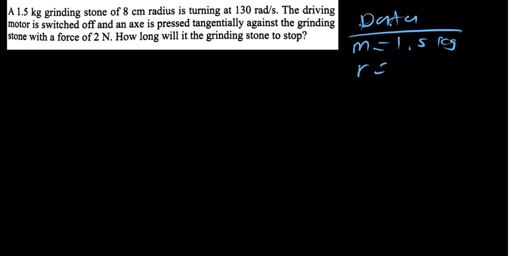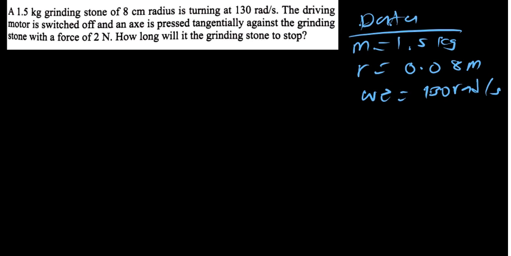I believe the data is going to help us to know the formula which we are going to use. So we have got the mass of 1.5 kgs. The radius is 8 centimeters, we divide by 100, 0.08 meters. We have our initial angular velocity to be 130 rad per second.